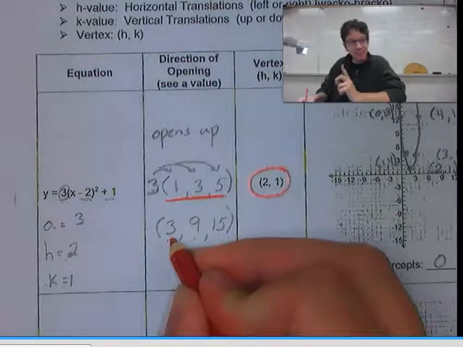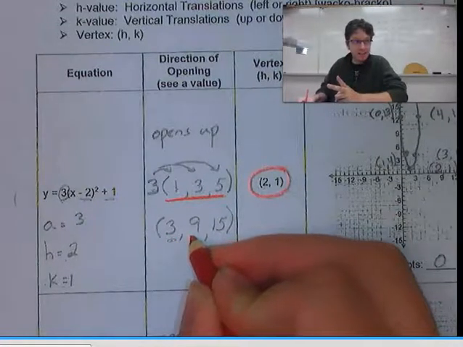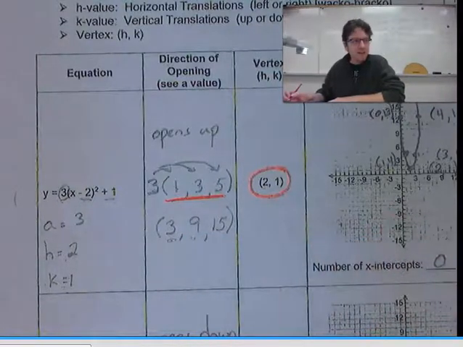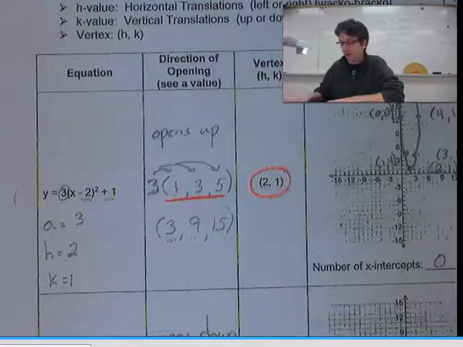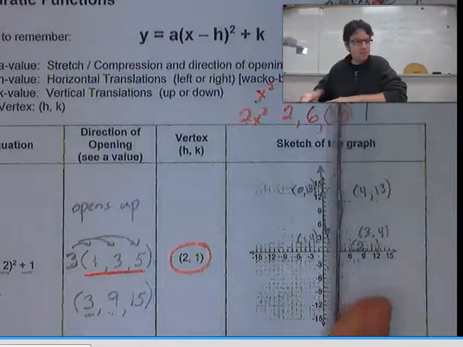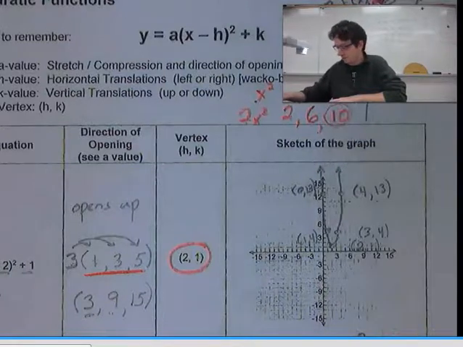And then the next time we move another space in x, we're going to go up by 9. And the next time we move one space, we're going to go up by 15. And it doesn't matter whether you move one space to the right or one space to the left, because again, it should give you the same results. You should have symmetry based on what it looks like on the left and on the right.